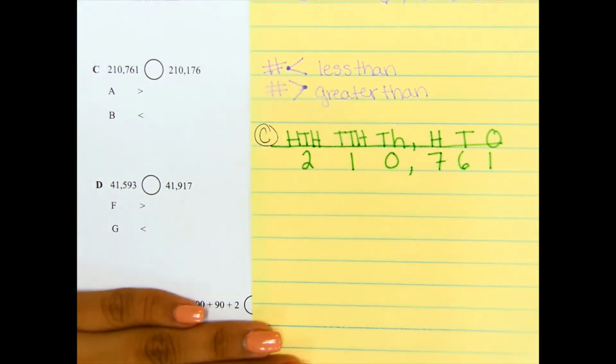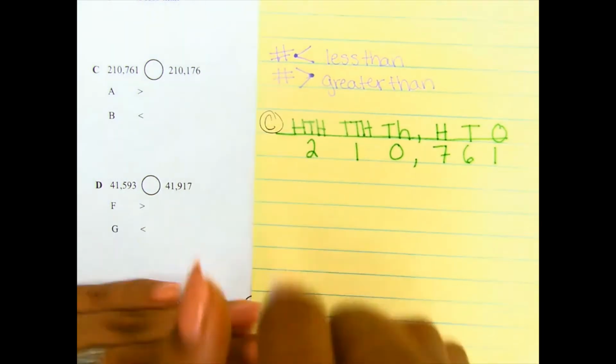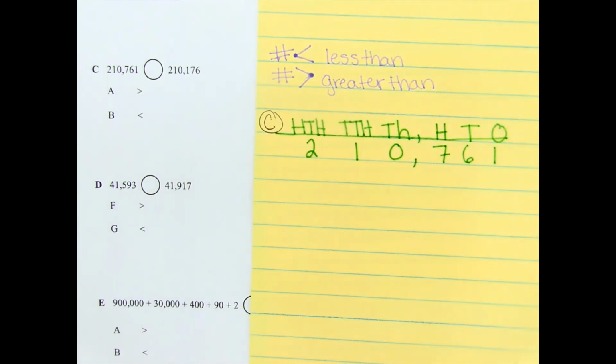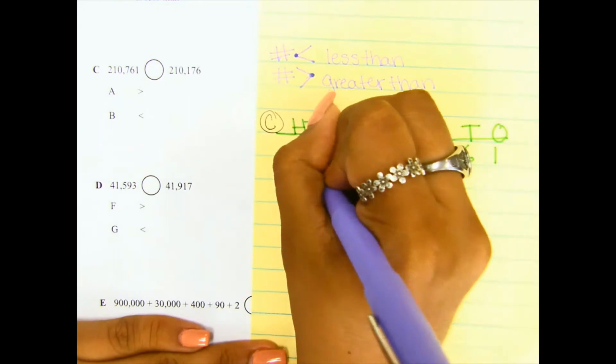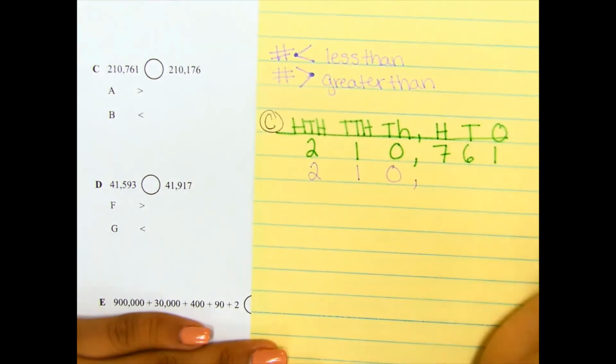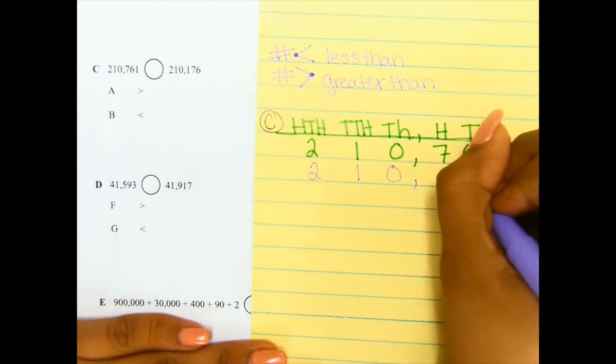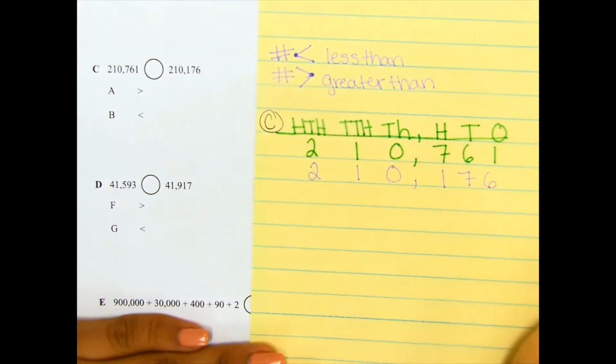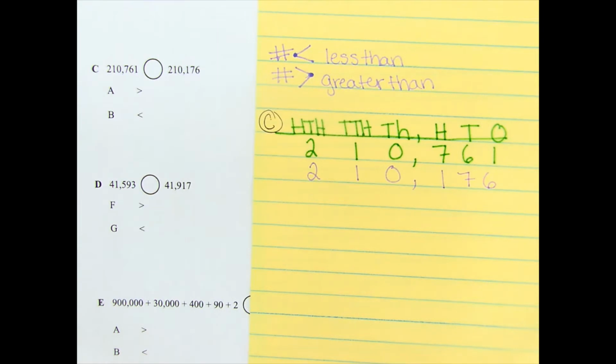Now I'm going to compare my second number. My second number in my thousands period also says I have 210. On my ones period, I have 176.